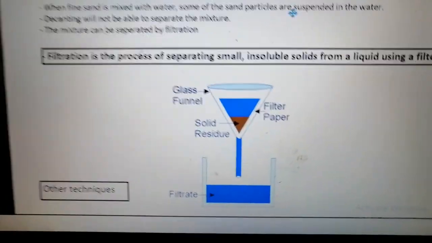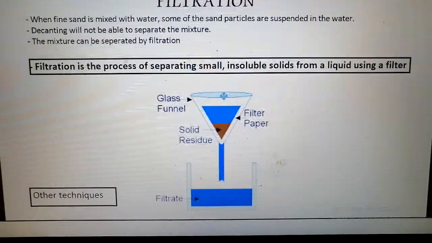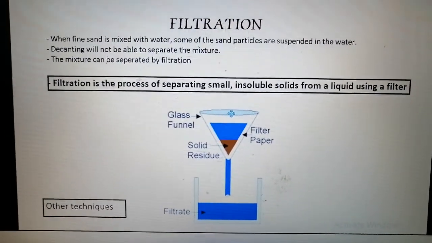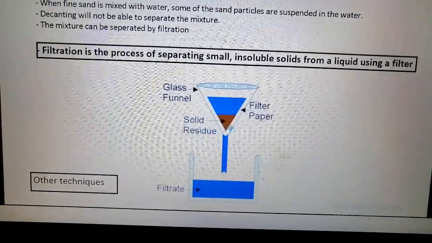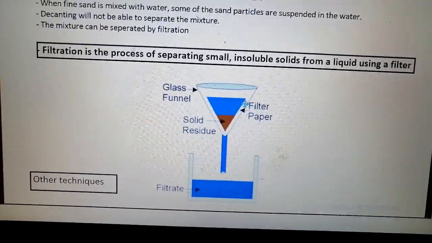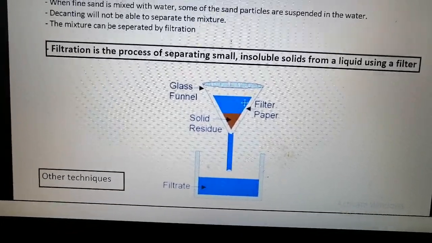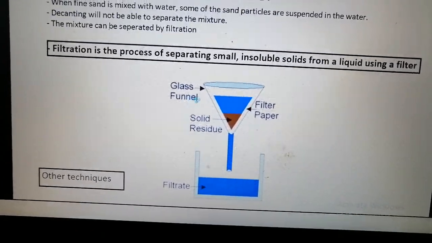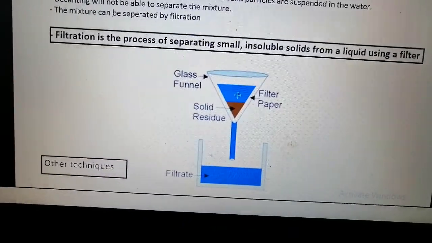Basically the drawing is like this. The important part for this technique is that we use filter paper. This is the solid residue, the fine sand just now. This is the filter paper, the blue one here.